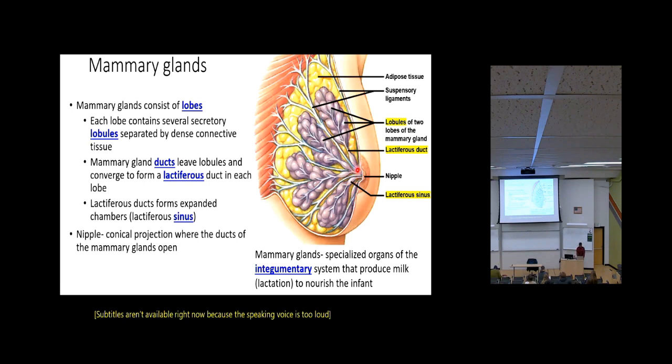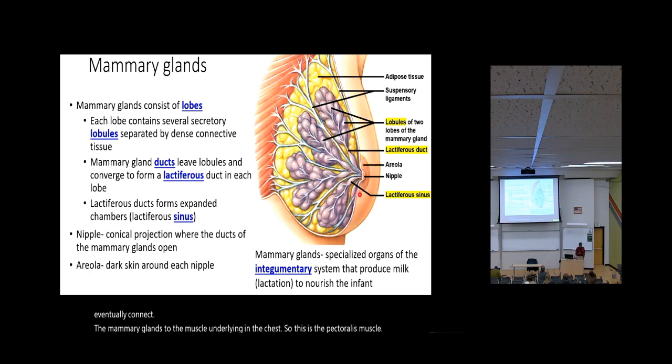And notice that each of these lobes of the mammary glands, they're going to be separated from one another by dense connective tissue, and you can even see that this connective tissue will eventually connect the mammary glands to the muscle underlying in the chest. So this is the pectoralis muscle.